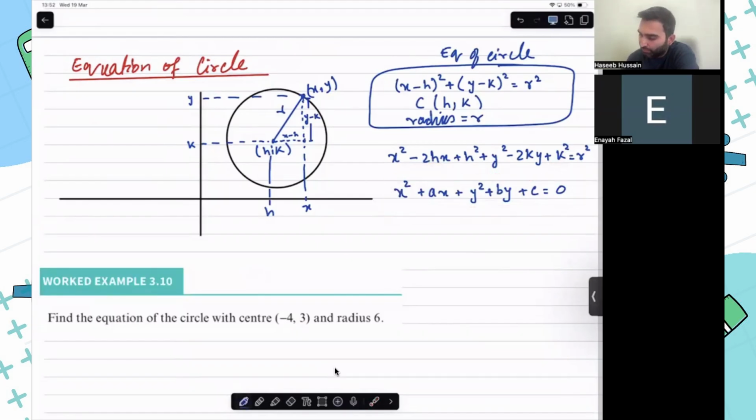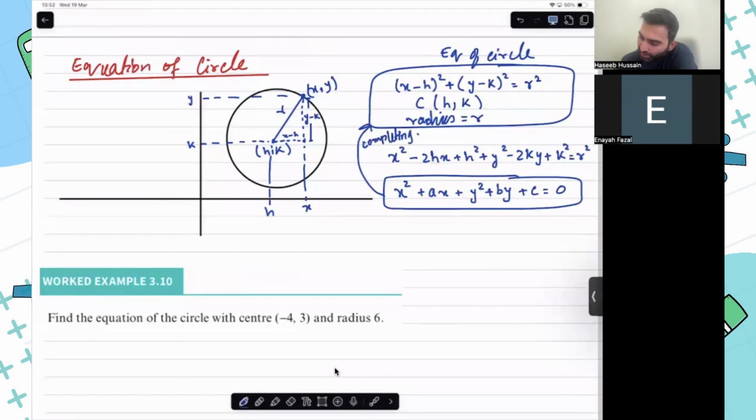This is another form. From this form, if you want to find the center and the radius, you have to do completing the square and get back to the earlier form. But there is also a hack to cross check.